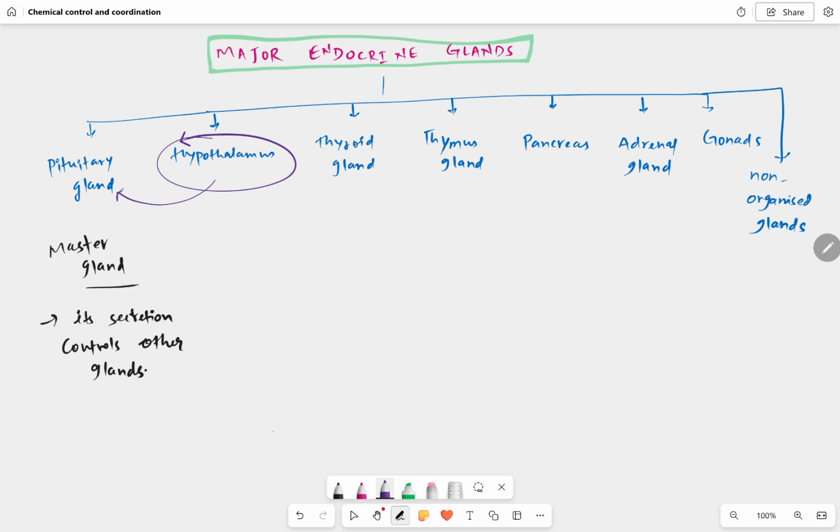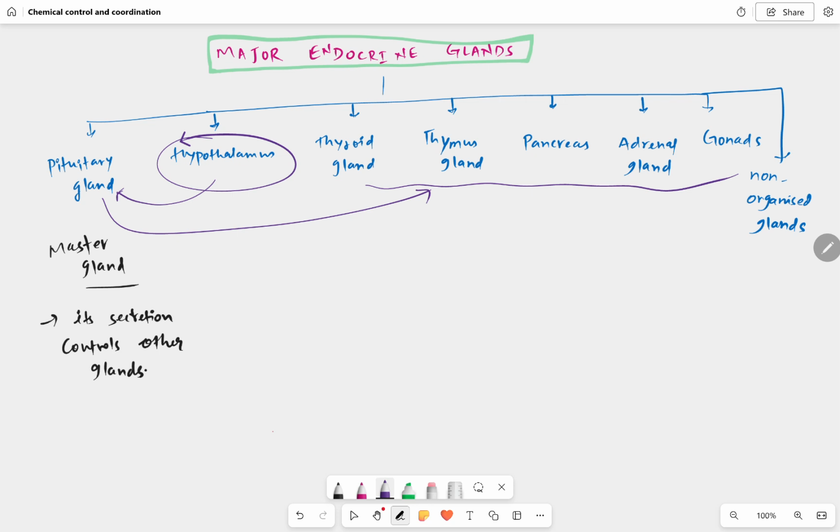So although the pituitary is controlling other glands, it is the hypothalamus which is controlling the pituitary. So if the pituitary is the master gland, then the hypothalamus is the supermaster gland.